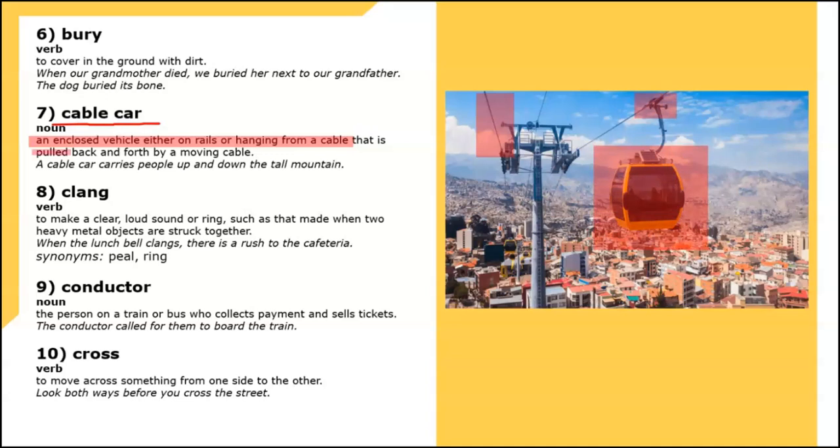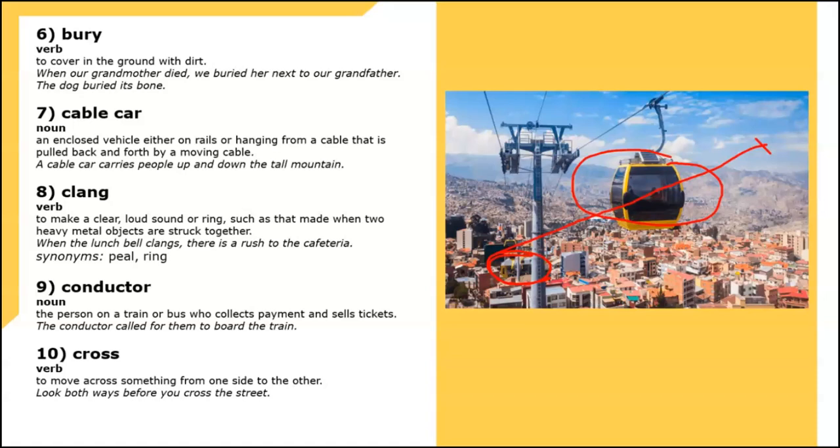And it is pulled back and forth by a moving cable. So this car gets pulled back and forth, and people ride these cable cars usually because they want to go somewhere high. So they start at the bottom and then they want to go somewhere that's high like a mountain.